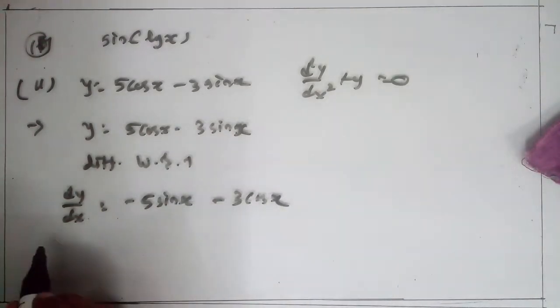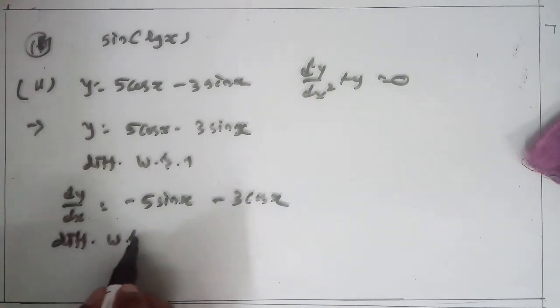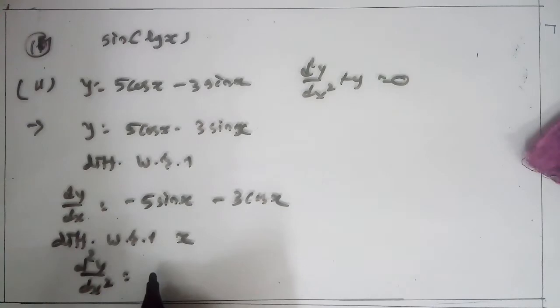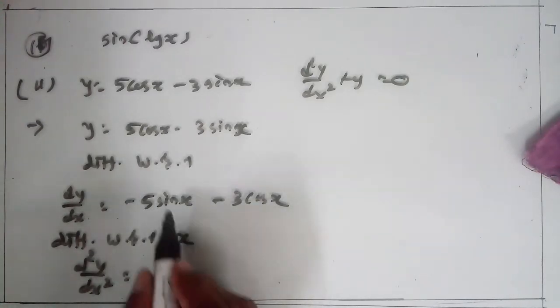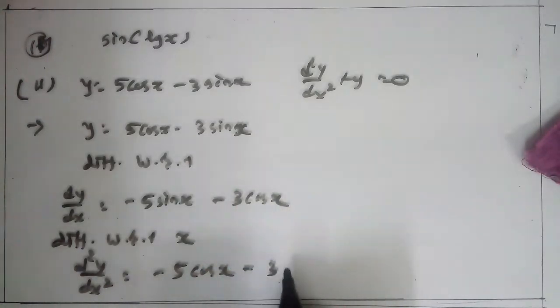Clear this? Now differentiate with respect to x a second time. So we get d square y by dx square is equal to minus 5 times the derivative of sin, which is cos x. Here minus 3 into the derivative of cos is minus sin, so minus minus becomes plus sin x.